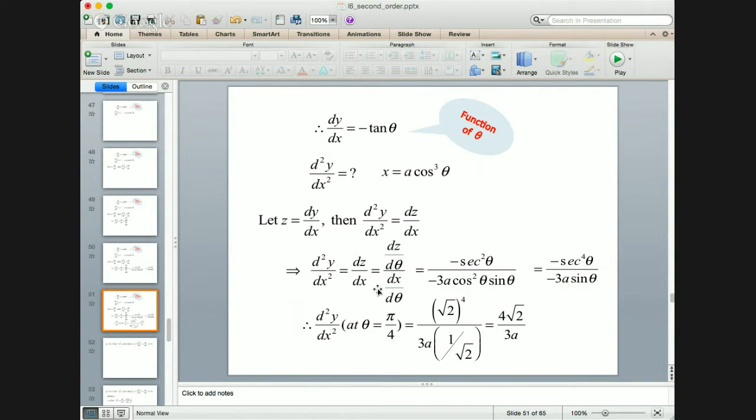So the parametric differentiation again comes in. dz by dx turns out to be dz by d theta divided by dx by d theta. Simplify, and when they say find the derivative's value at theta equal to pi by 4, just plug in theta equal to pi by 4 and simplify your final answer. That's all that's needed to be done for such cases.